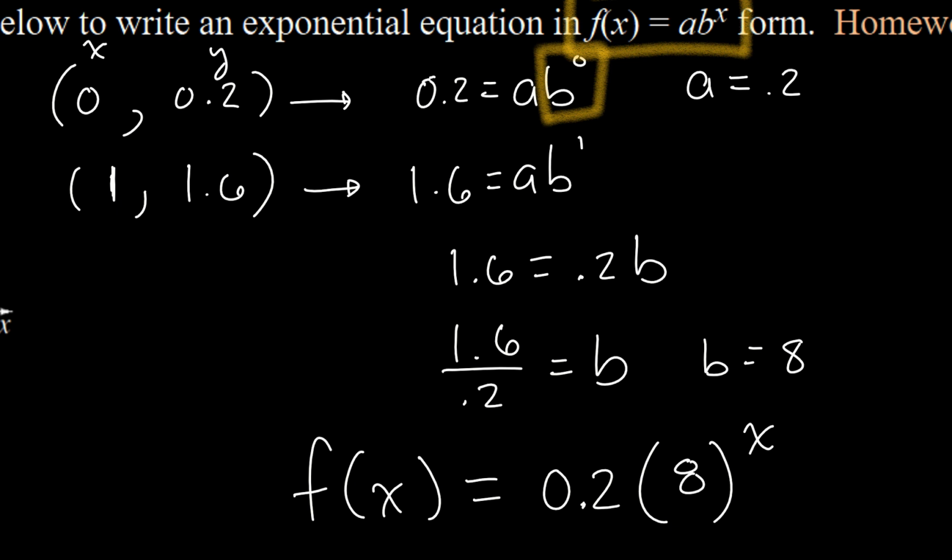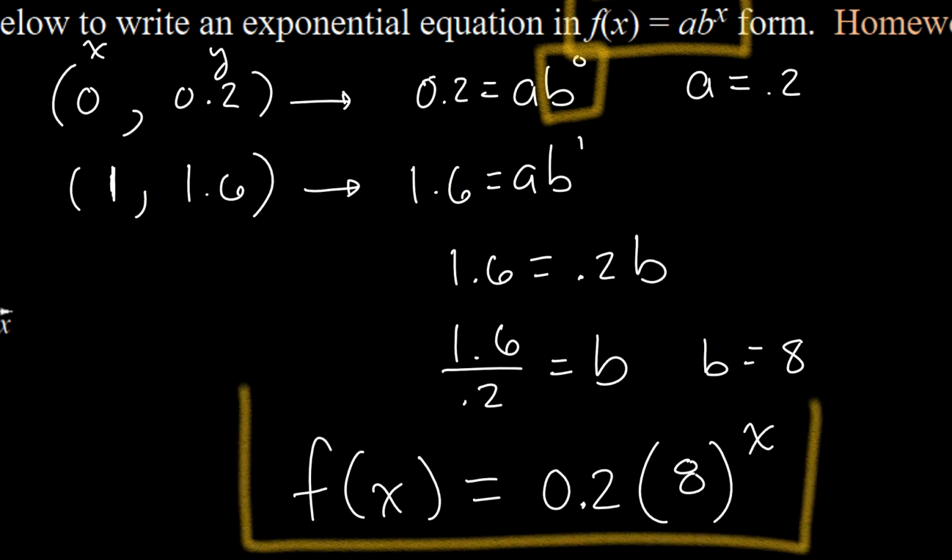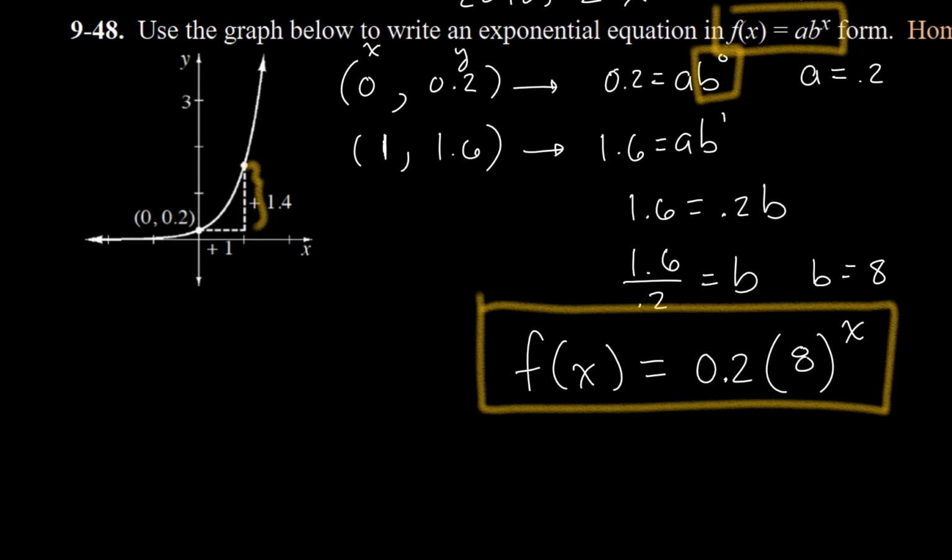And it actually does. 8 to the 0th power is 1 times 0.2 is 0.2. And also when I put 1 in it, does it give me 1.6? And the answer to that is also true. 8 to the 1st power is 8, and 0.2 times 8 is 1.6. So this is precisely the exponential function that we're looking for: f of x equals 0.2 times 8 to the x power.